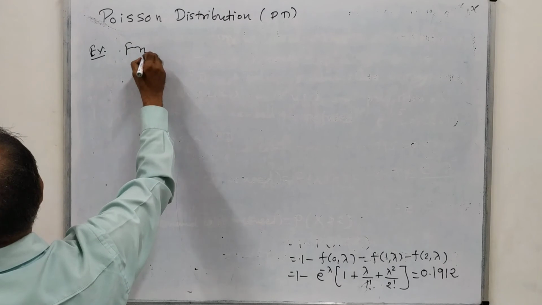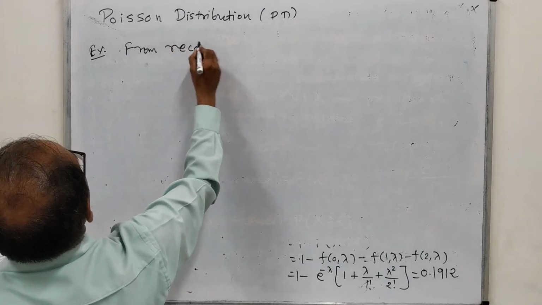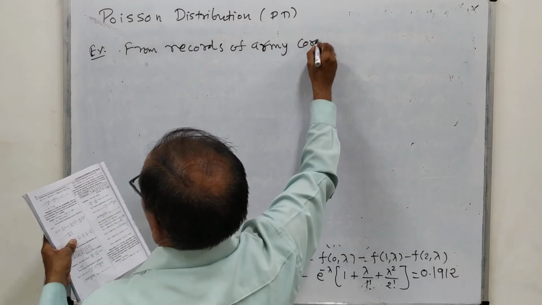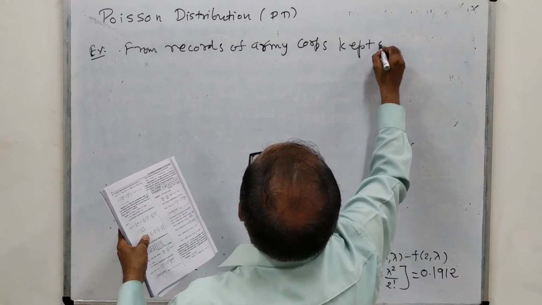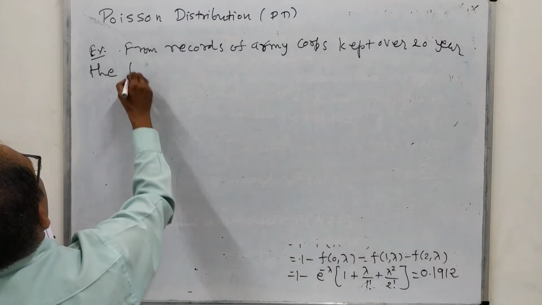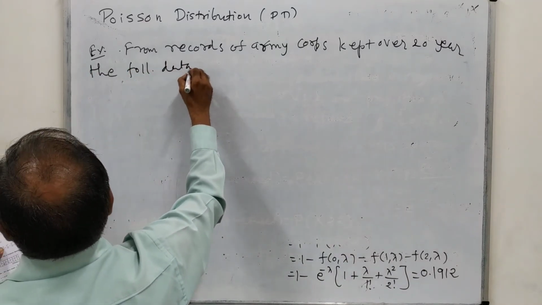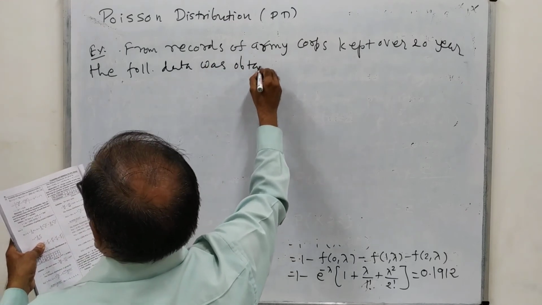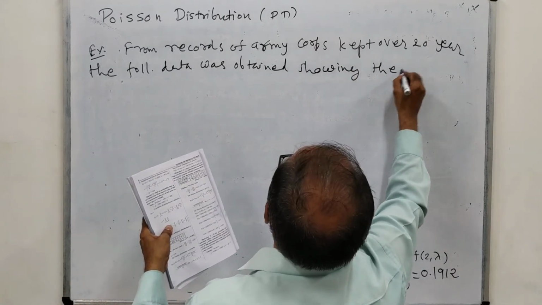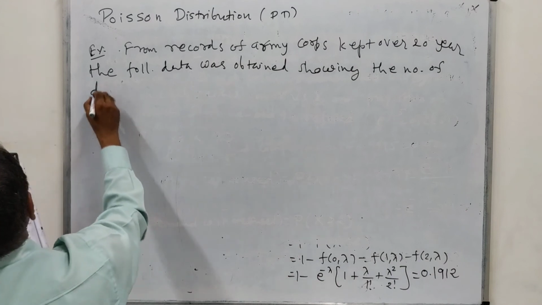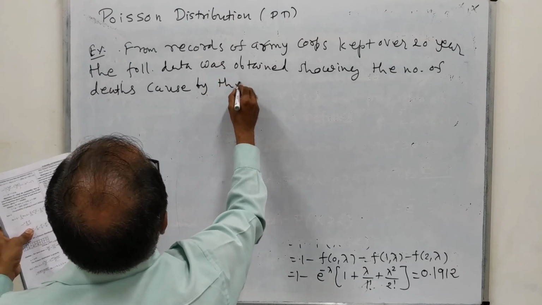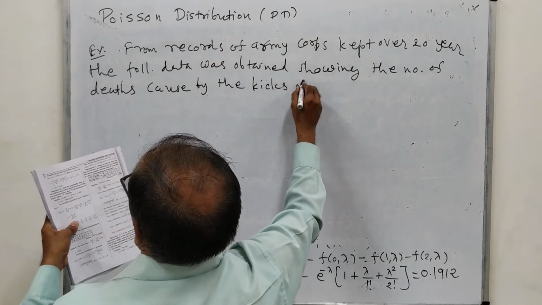It is very simple. From records of Army Corps kept over 20 years, the following data was obtained, showing the number of deaths caused by the kicks of a horse.